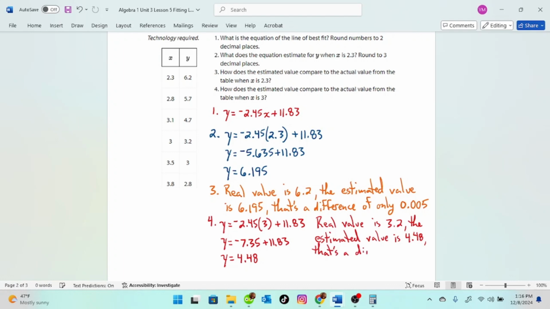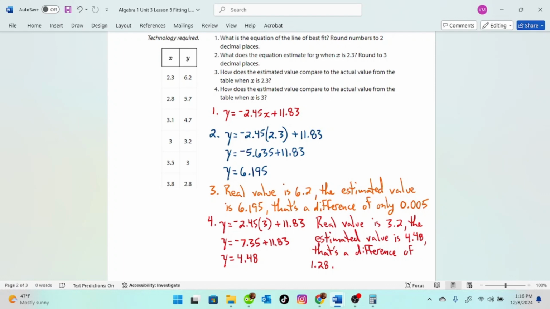That's a difference of 1.28. So this time, there was actually a significant difference between the two.